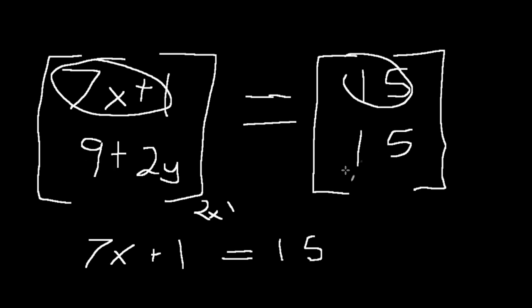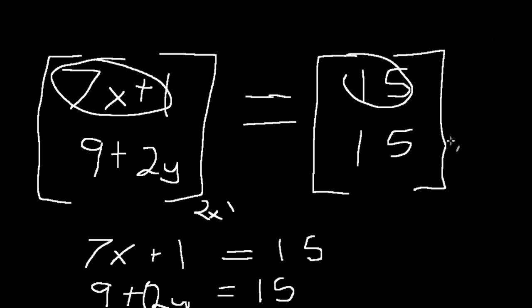And likewise for this bottom one, we could do the same thing. We know that they're equal, we could set it up like so. And in this case, what would this y be? See if you can figure that one out on your own. It's 3. 9 plus 6 equals 15, so y would be 3.